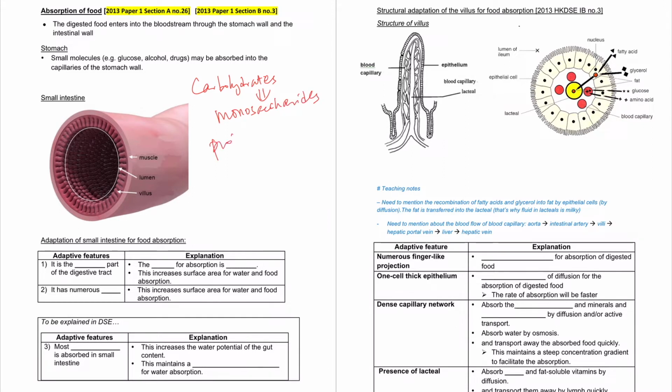While most of the proteins are broken down into amino acids, and most of the lipids or fats are broken down into fatty acids and glycerol, by means of chemical and physical digestion. These four end products of digestion are ready for absorption by our body. And the main organ for absorption is the small intestine.